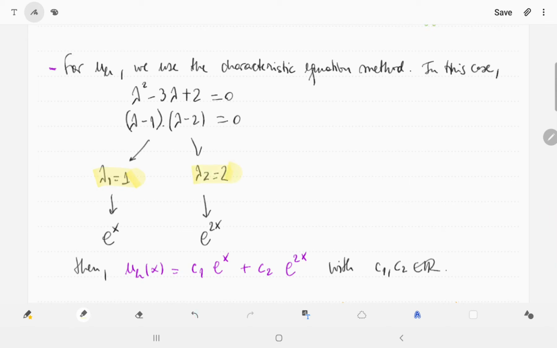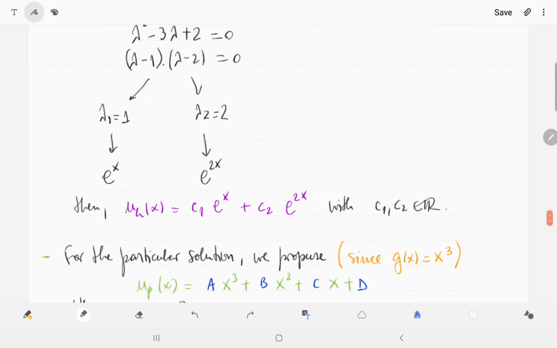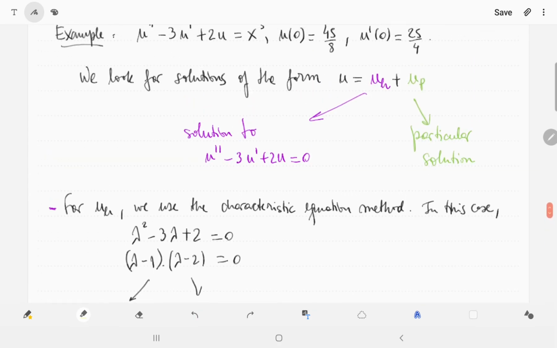They are two real different roots of the characteristic equation that give these two functions as solutions, e^x and e^(2x). Any linear combination of these two is the general solution in the homogeneous case. So we already have this part.